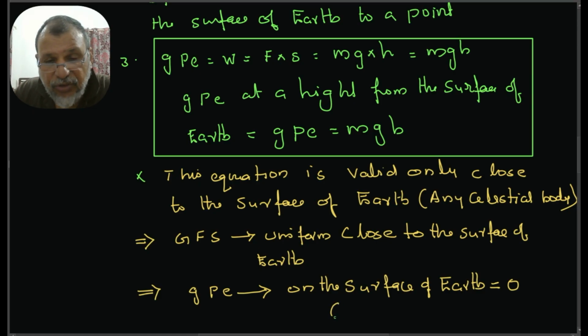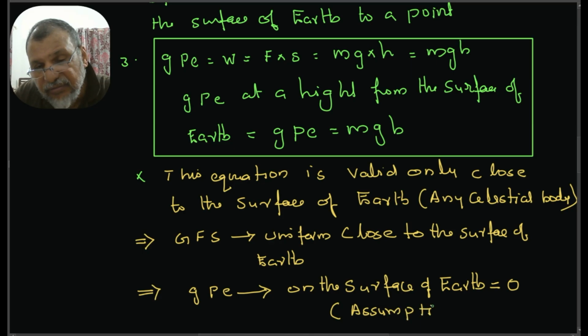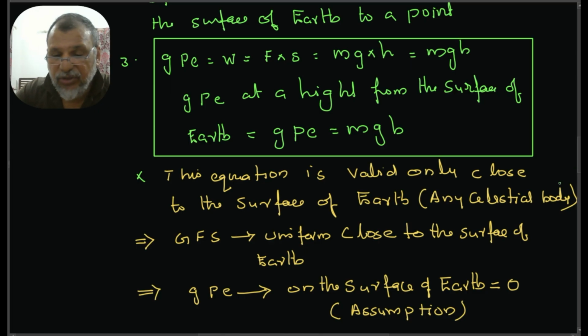This is an assumption we have made. So only under these conditions is that equation valid. So this is the idea of gravitational potential energy close to the surface of Earth.